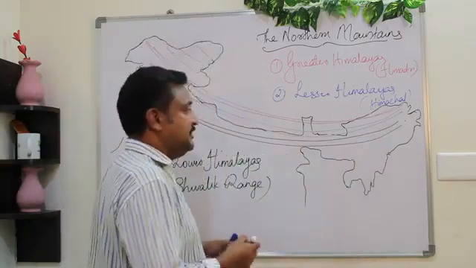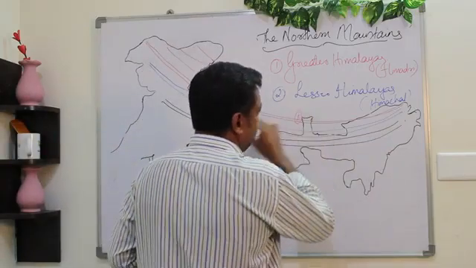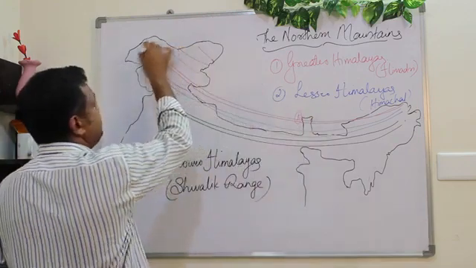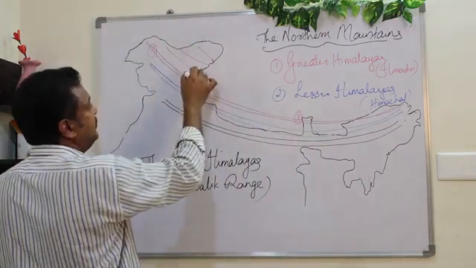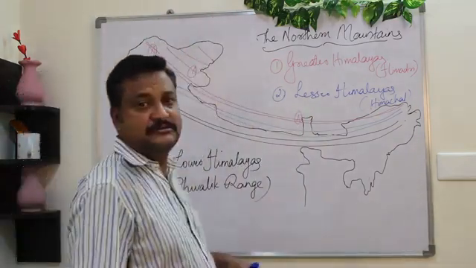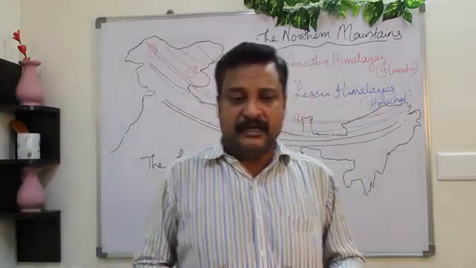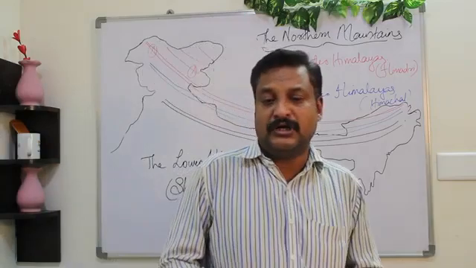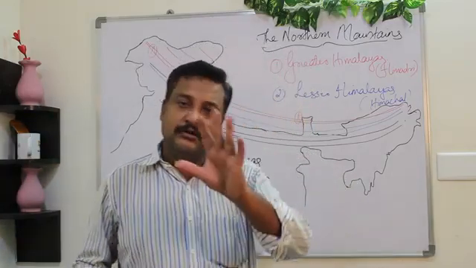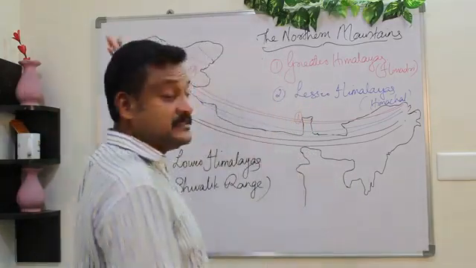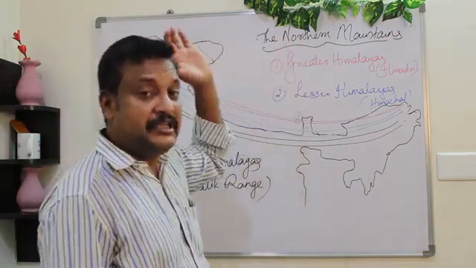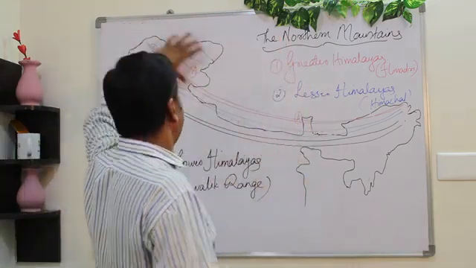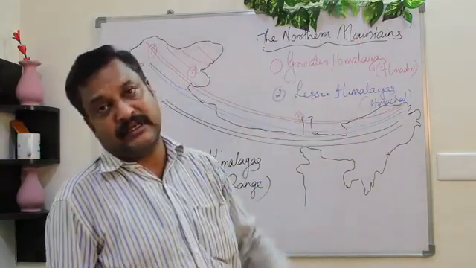Everest falls here, K2 is here, Kanchenjunga is here. Then the other peaks like Nanda Devi, Annapurna, Nanga Parbat, all these peaks actually belong to the Greater Himalayas.